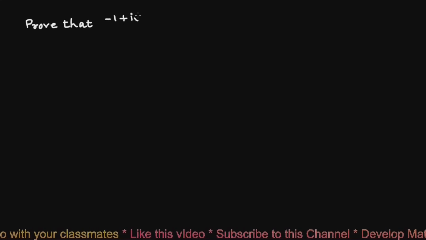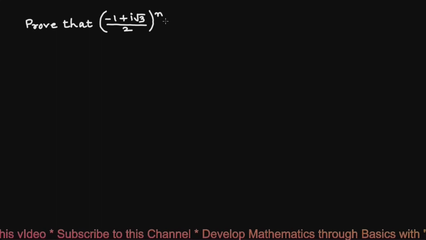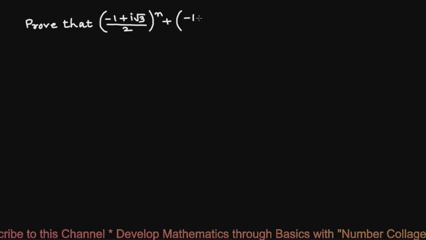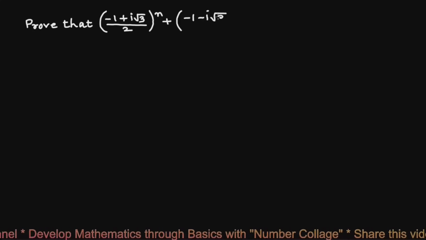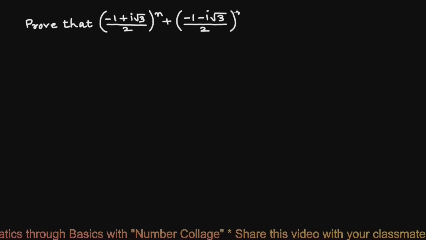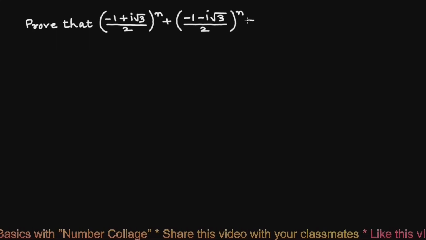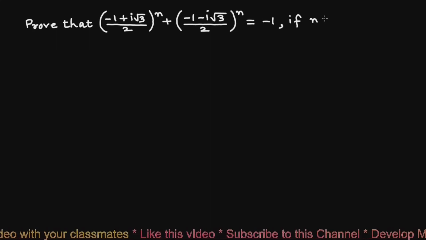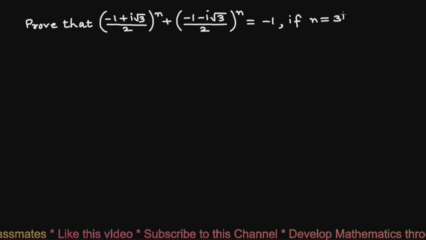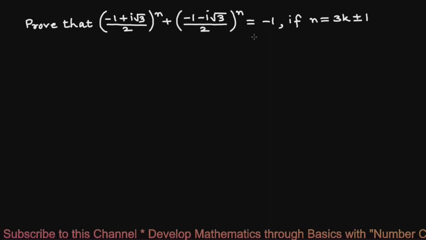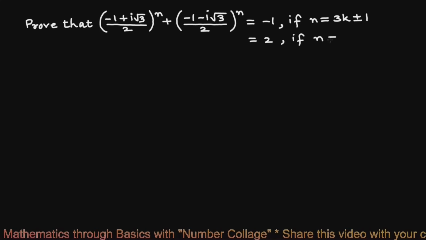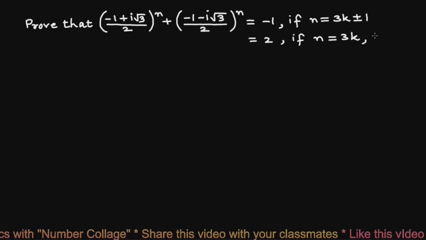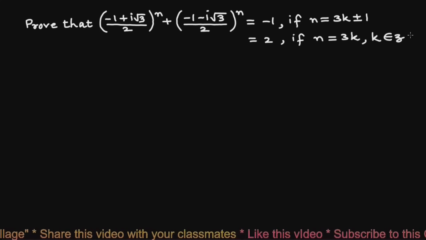In the next problem, we have to prove that ((minus 1 plus i root 3) upon 2) raised to n plus ((minus 1 minus i root 3) upon 2) raised to n equals minus 1 if n equals 3k plus minus 1, and it is 2 if n is 3k where k is an integer.